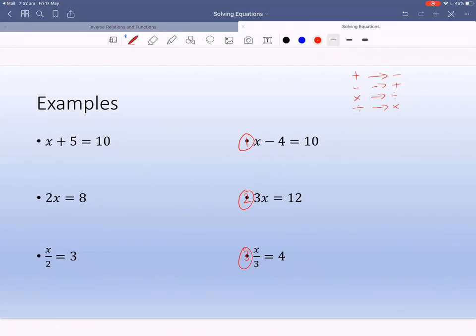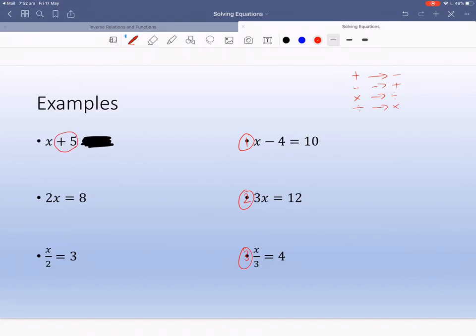This is what I'm going to be thinking. I'm going to look where the x is. I'm going to block everything out with my finger, and I'm asking, what is stopping the x being by itself? The answer is plus 5.